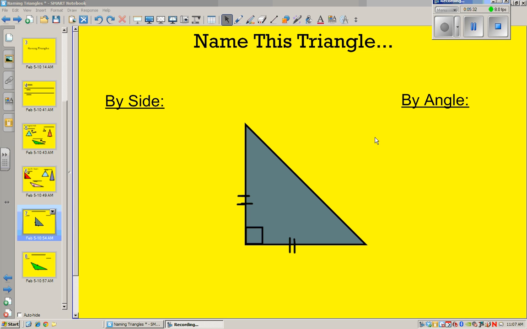Okay, so you've had a chance to do that. If you name this triangle by its sides, it is an isosceles triangle because it has two sides that are the same. This side here is different.